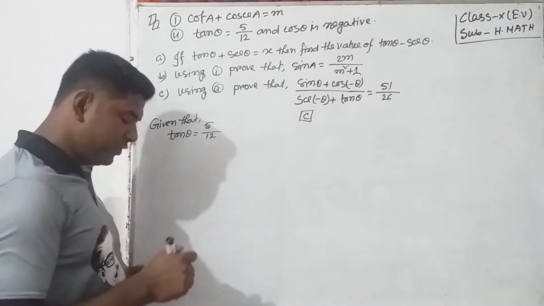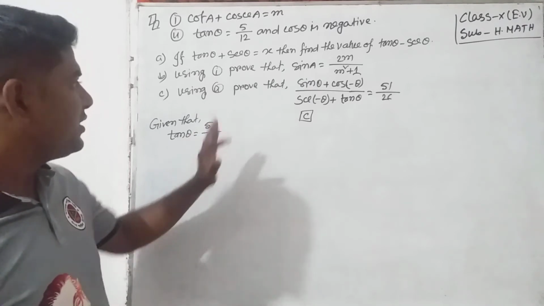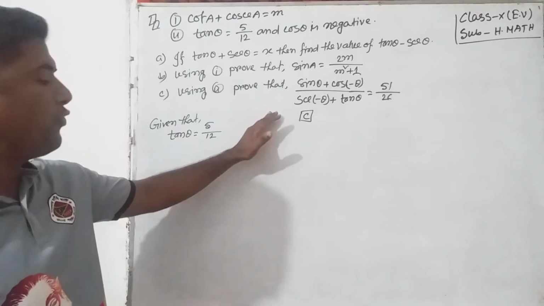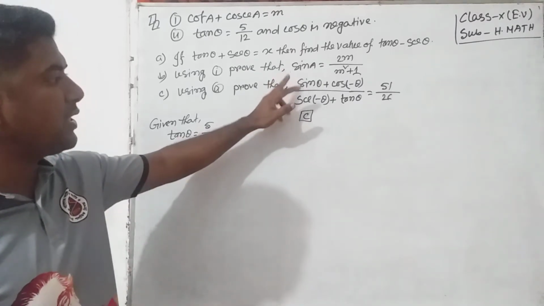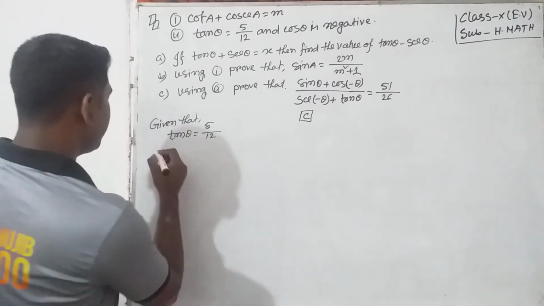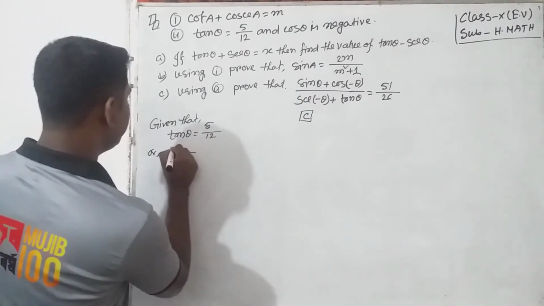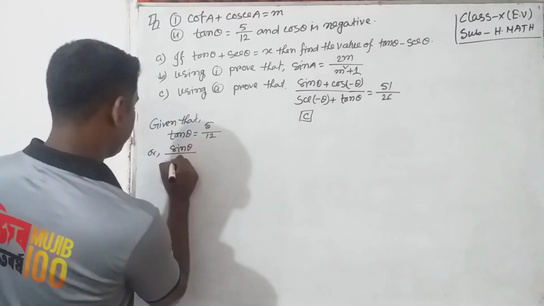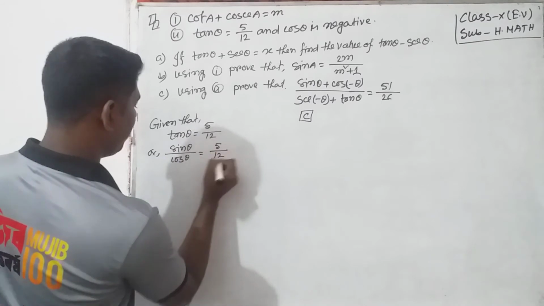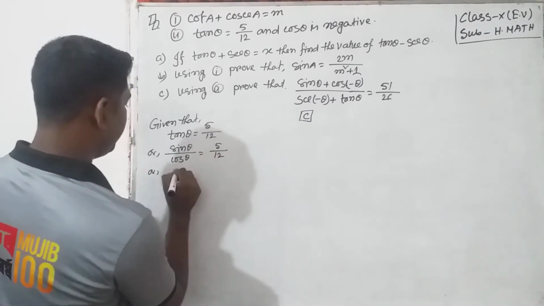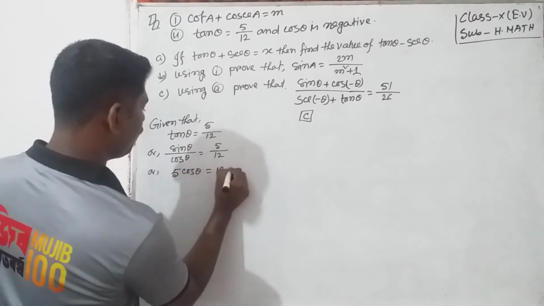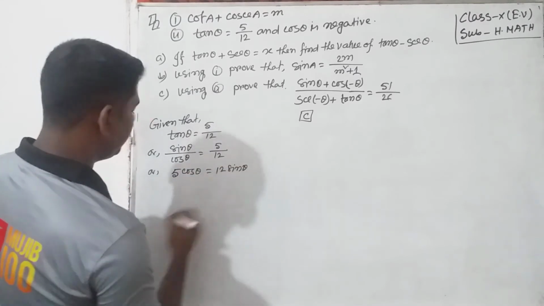From this value we find the value of sin theta, cos theta and sec theta. So we can write tan theta equal sin theta by cos theta equal 5 by 12, or 5 cos theta equal 12 sin theta.